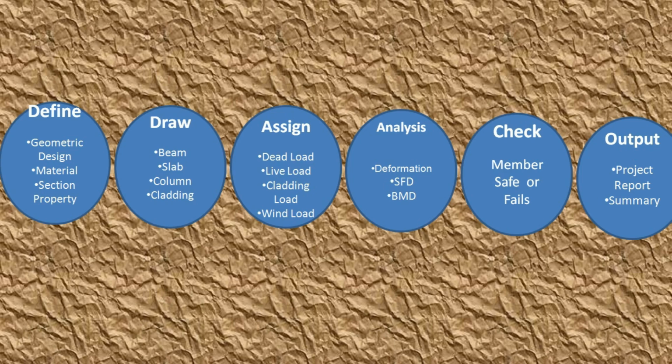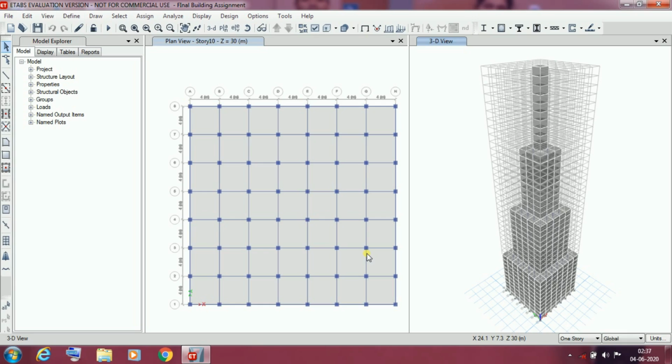After this, we need to check the structure is safe or not by using design menu to perform the design check of structure, and after successful check, we can generate the project report and their summary. So let's start performing the analysis and design check of the given problem on the software.